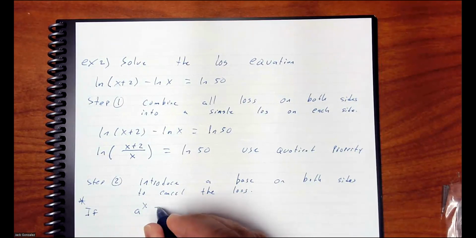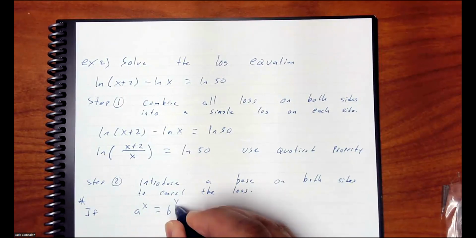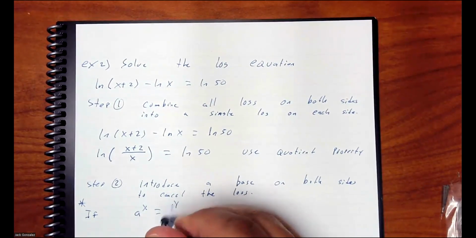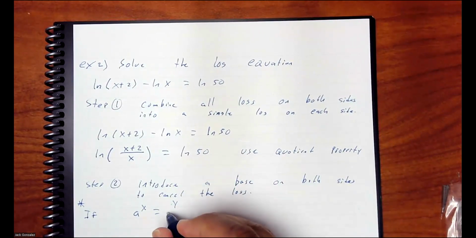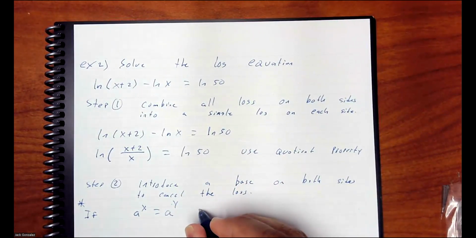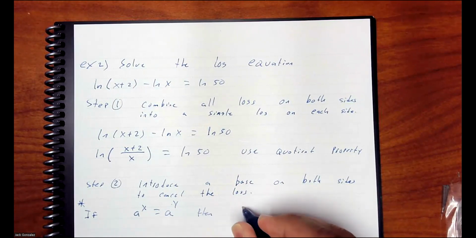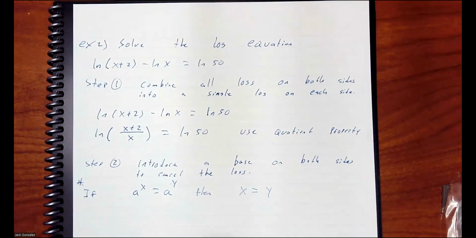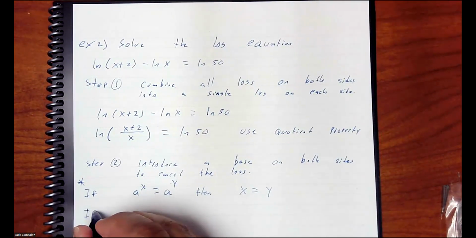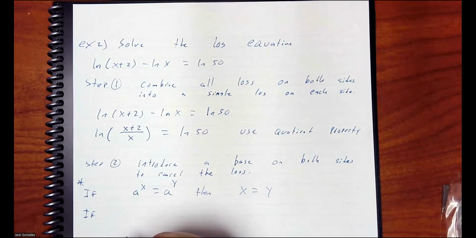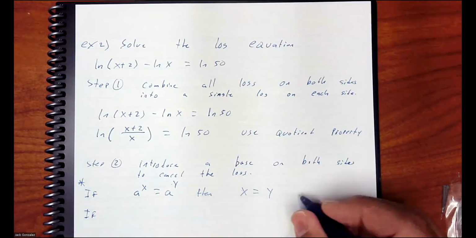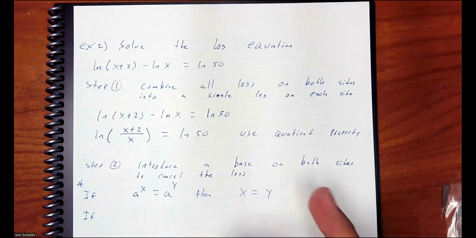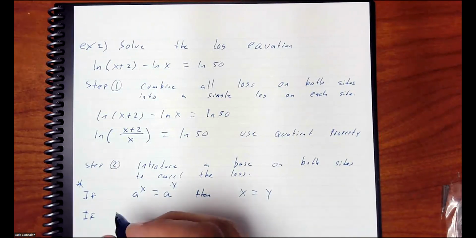If a to the x is equal to b to the y, I'm sorry, that would be the same base. a to the x equal a to the y, if that is true, that means x is equal to y. Actually, both directions.